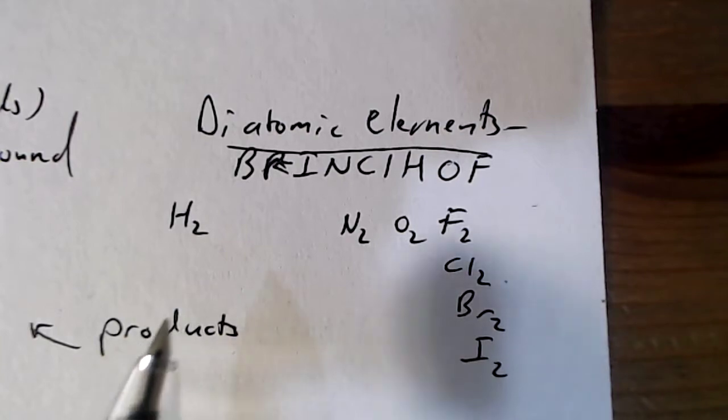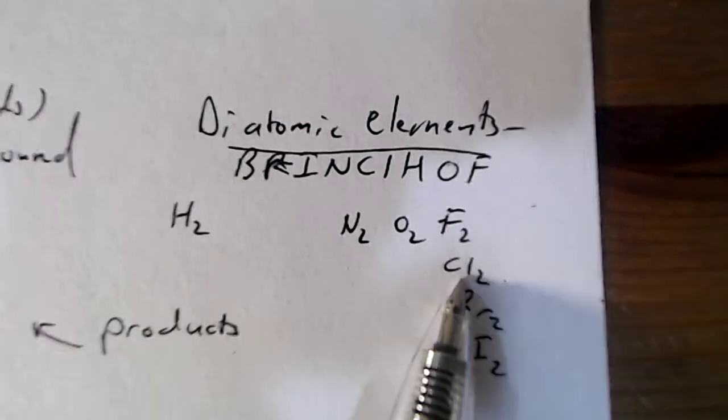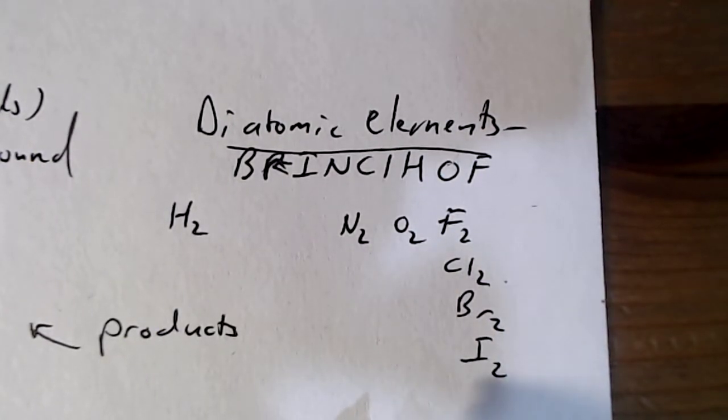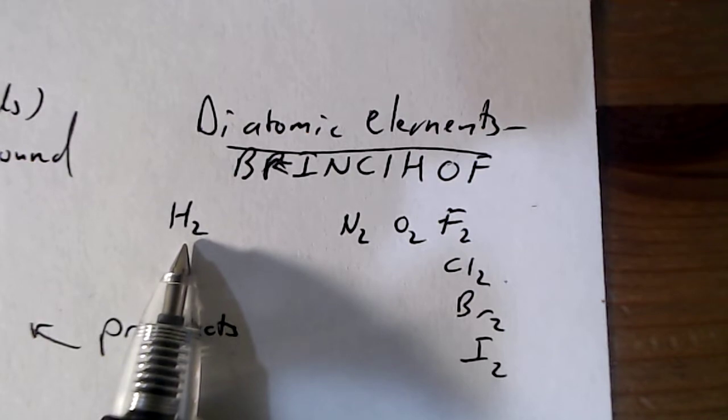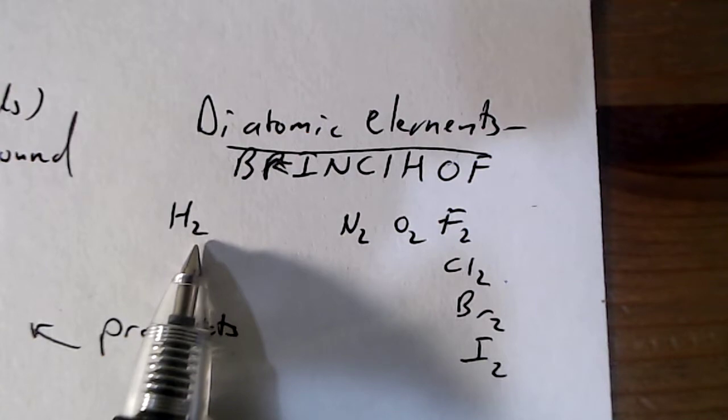When you see these elements on the periodic table in this order, then those will be diatomic elements. If they're by themselves, if they're a pure element, but not stuck to some other element, then they're going to have two atoms stuck to each other. So this is two hydrogen atoms stuck to each other, so we write H2.